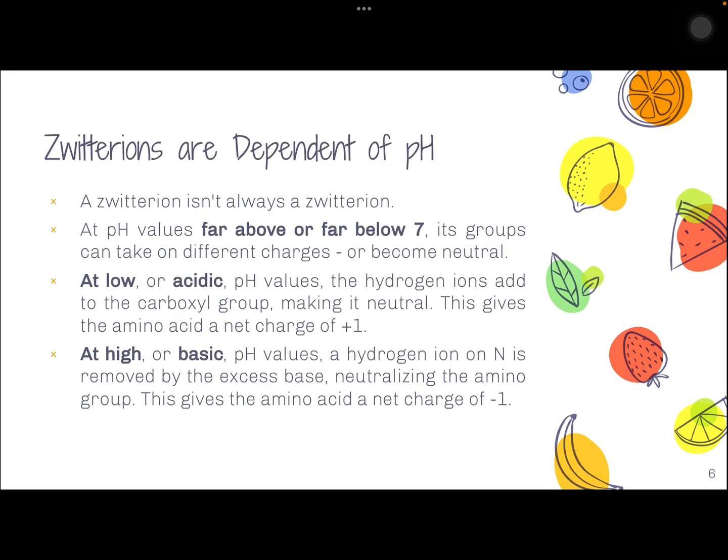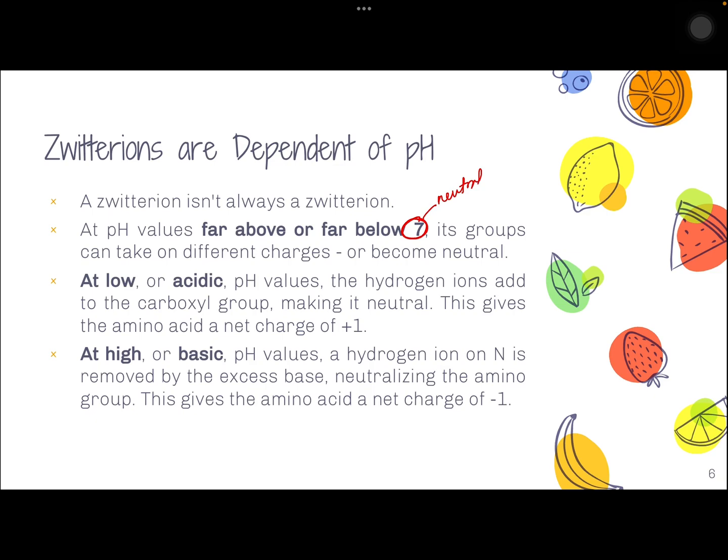So Zwitter ions are dependent on pH. A Zwitter ion isn't always a Zwitter ion. At pH values far below or far beyond 7, which is the neutral pH, its groups can take different charges or become neutral.